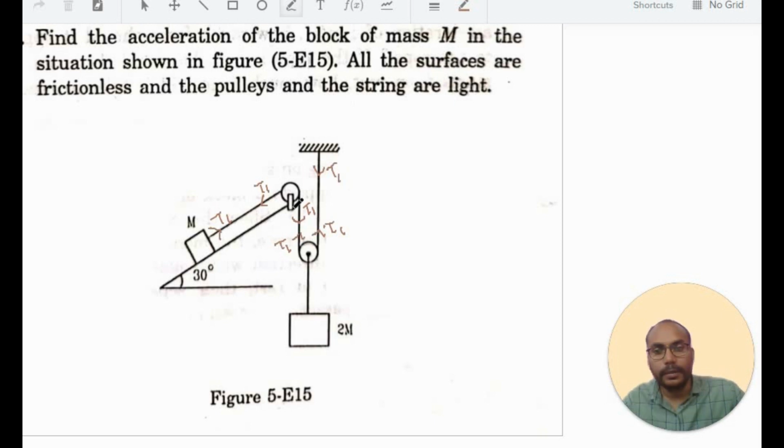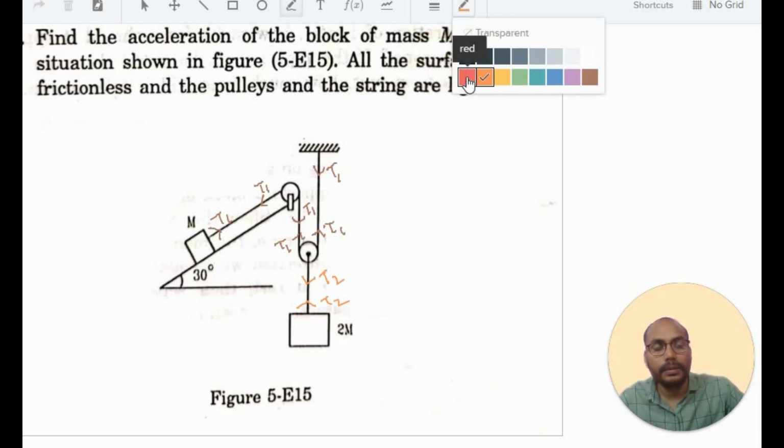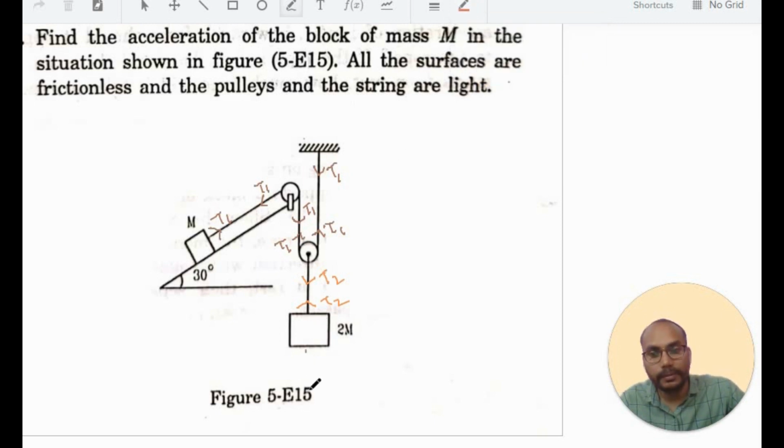I have shown the tensile force for the first string. Now we are showing the tensile force at the second string. I am going to show the gravitational force due to mass 2m, and it will be 2mg since mass is 2m here.